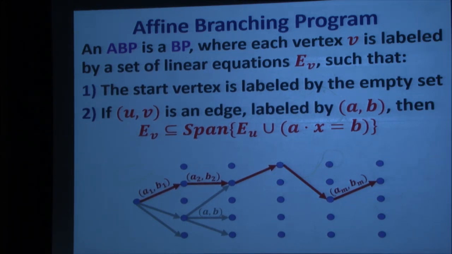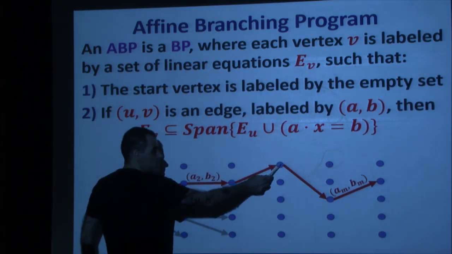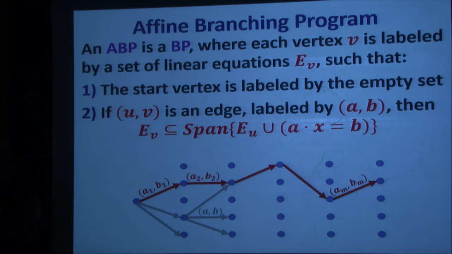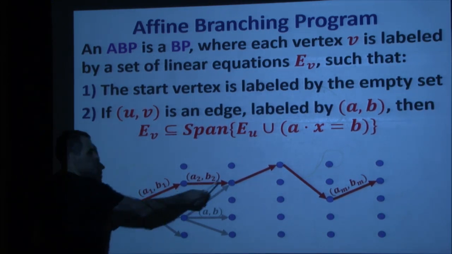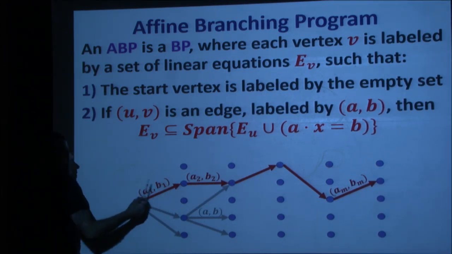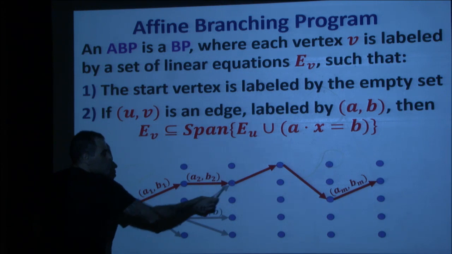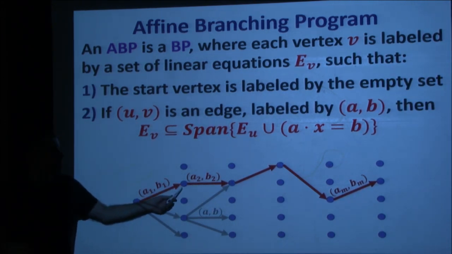If this is satisfied, it's clear that if the branching program reaches some vertex V, then EV must be satisfied. Why? Suppose that this is EV, this is V and this is U. To reach V, we have to cross some edge UV. Here we know that EU is satisfied.